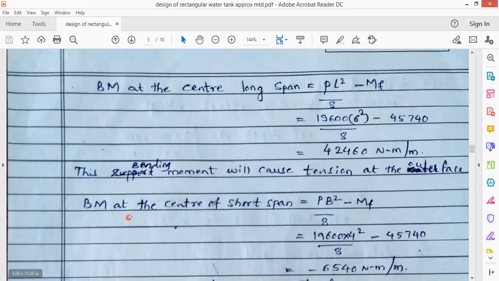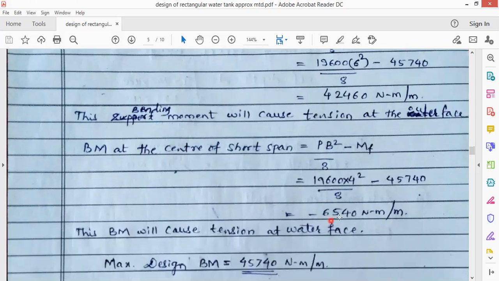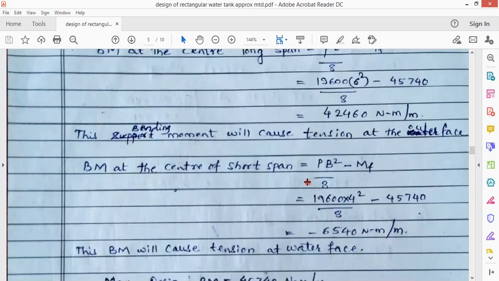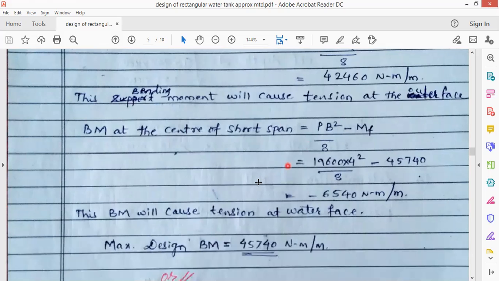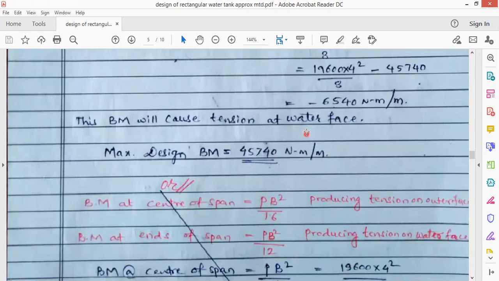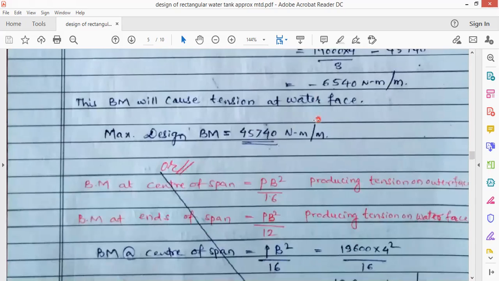And similarly for the short span, the bending moment at the center of the short span will be minus 6,540 Newton meter per meter span. So these two moments will be acting at the center span, but for the longer span this will be acting on the outer face, and for the shorter span tension will be acting on the inner face, that is the water face.